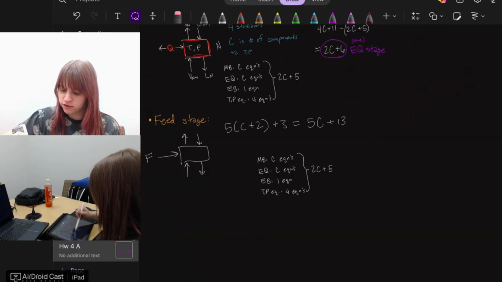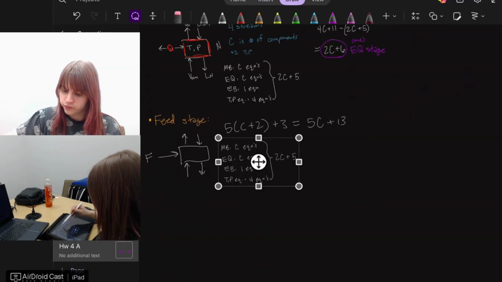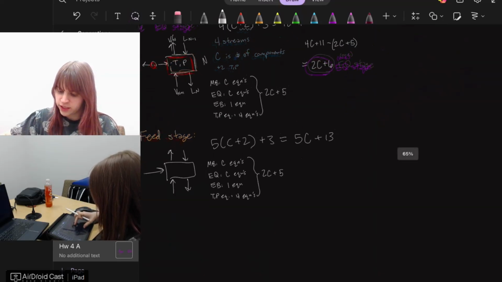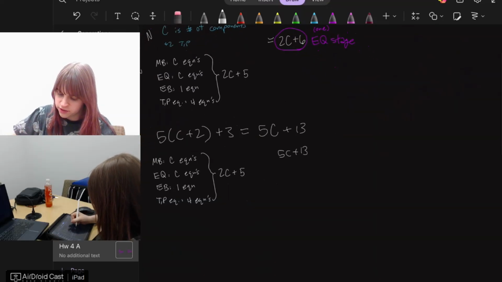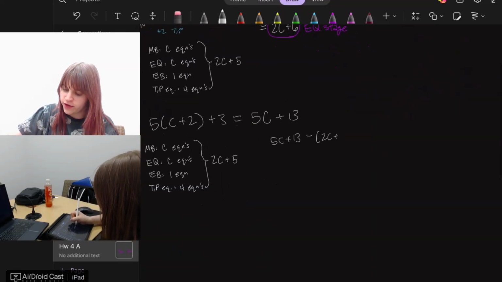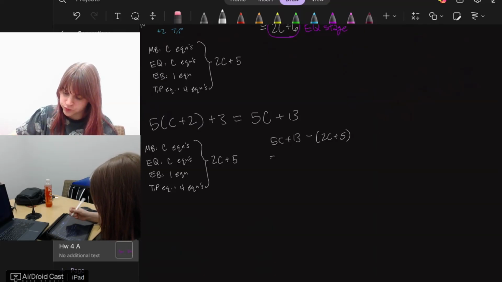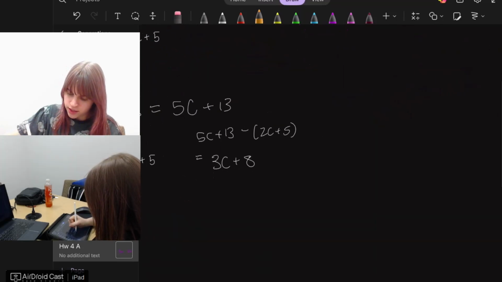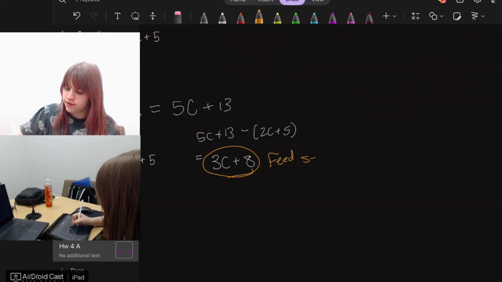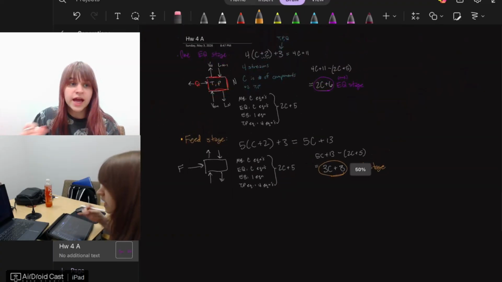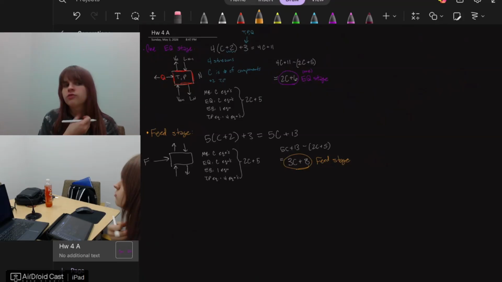So that is actually the same for this one, which means we need to do 5C plus 13 and subtract the 2C plus 5 to get 3C plus 8. And that is the degrees of freedom for a feed stage in our column. And next we wanted to do the reboiler.